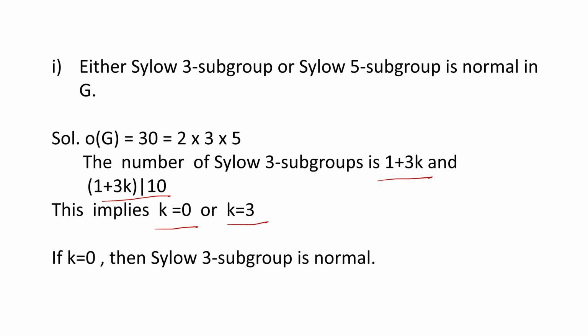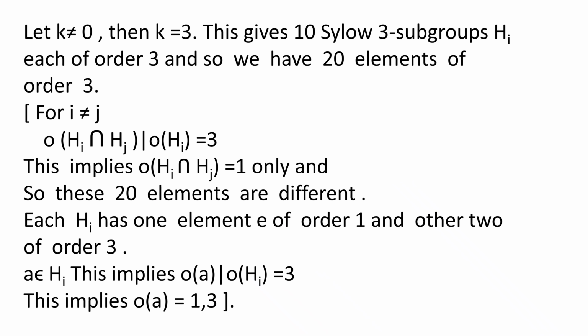If k is equal to 0, then the Sylow 3 subgroup is normal. Let k be not equal to 0, then k is equal to 3. This gives 10 Sylow 3 subgroups Hi, each of order 3, and so we have 20 elements of order 3.